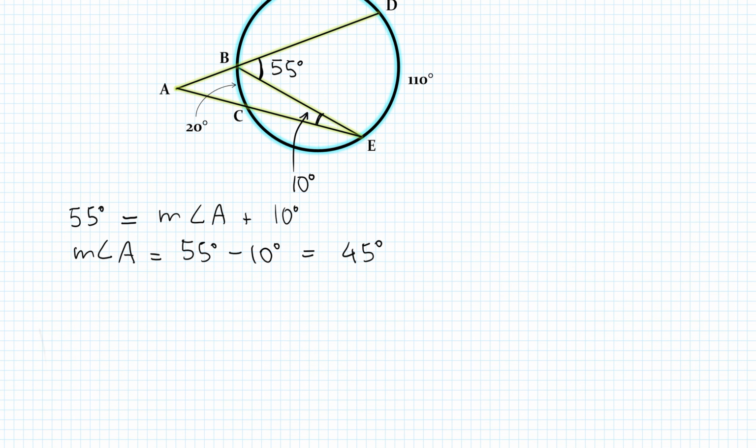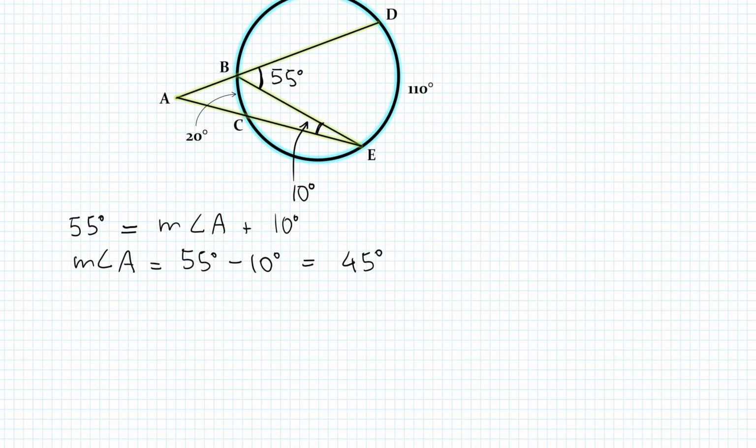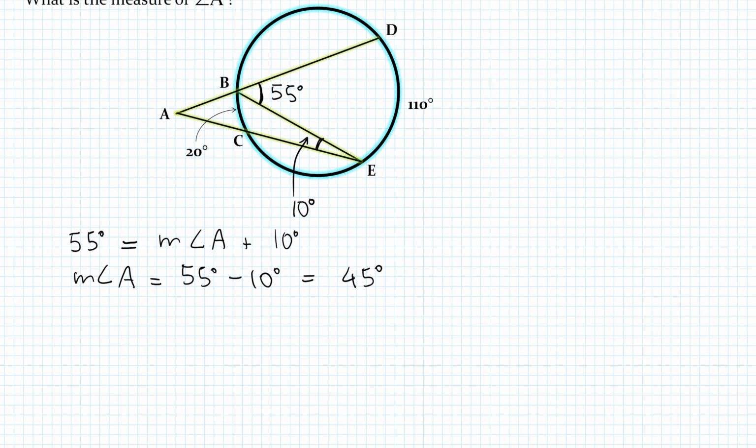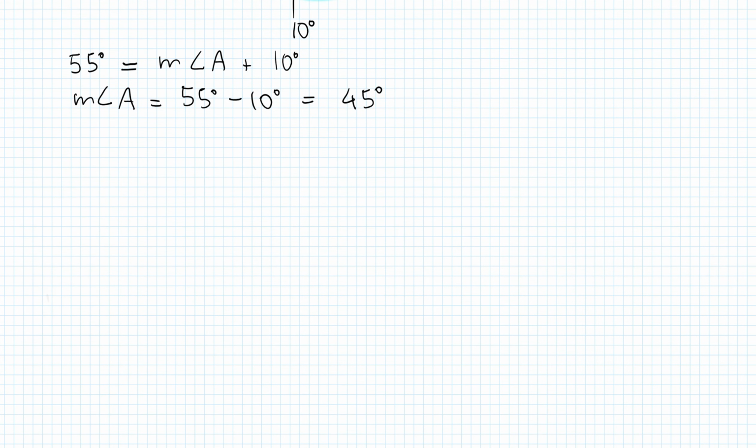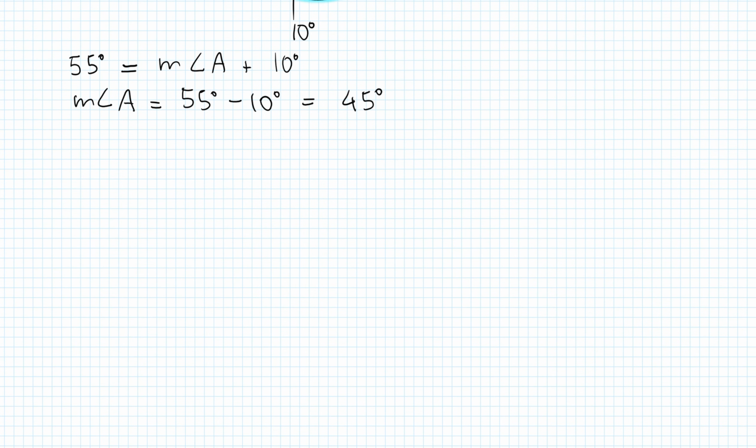Okay, so if you look closely at 110 degrees and 20 degrees, we somehow want to come up with a conjecture that we can always use to easily calculate the angle created by two intersecting secants outside a circle. So let's look closely at this.